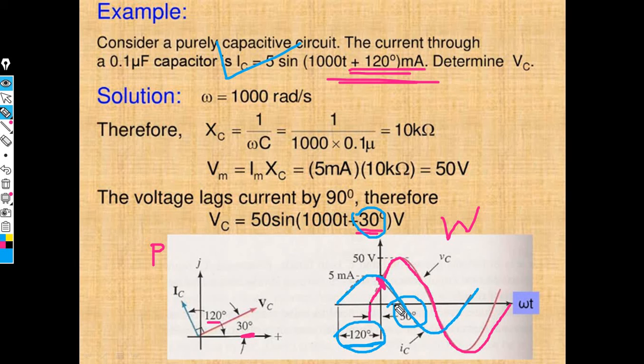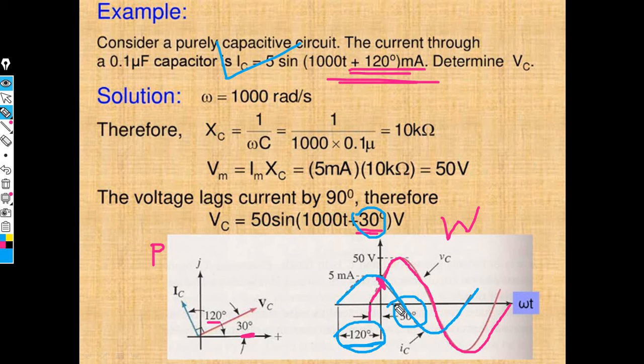Now this is the concept of a purely capacitive circuit. In the given problem, a 120-degree angle is given for IC and 30 degrees for VC. First we calculate Vm, then we calculate VC.